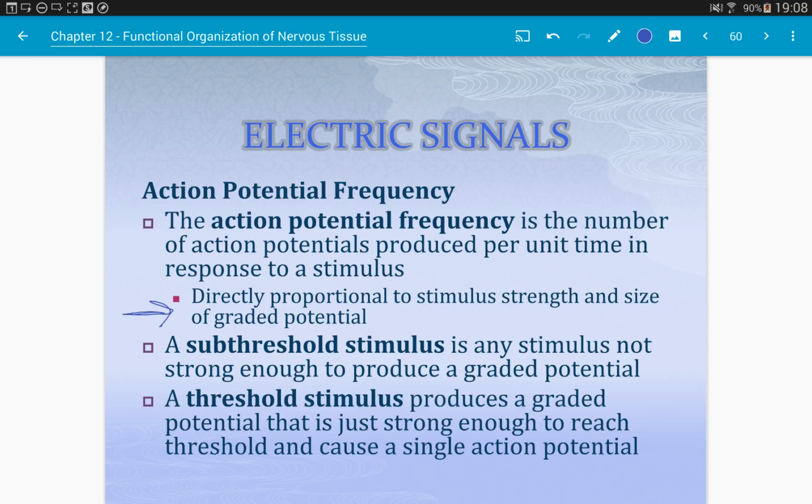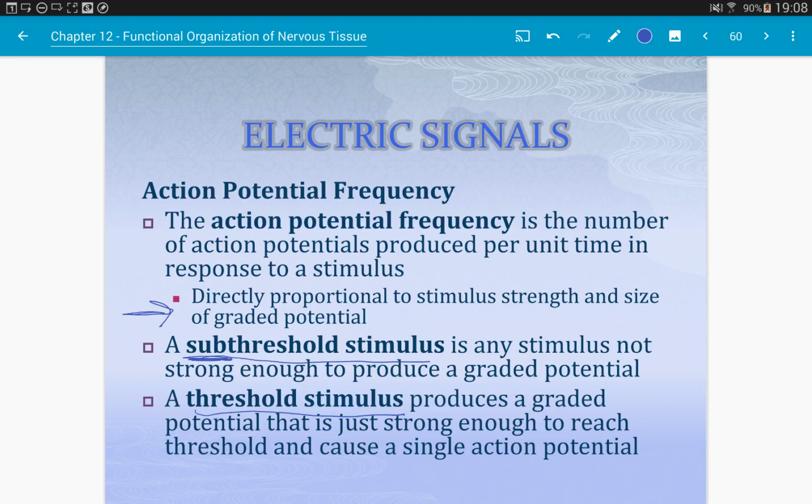So a couple definitions for you that you're going to need to know: sub-threshold and threshold. So a sub-threshold, so first of all, what does sub mean? When you hear that word sub, we're not talking about teachers, okay, not sub-teachers. What about the word subterranean?